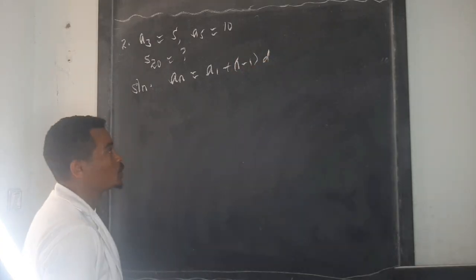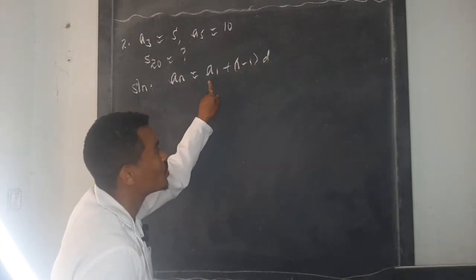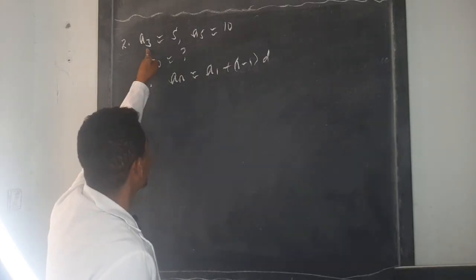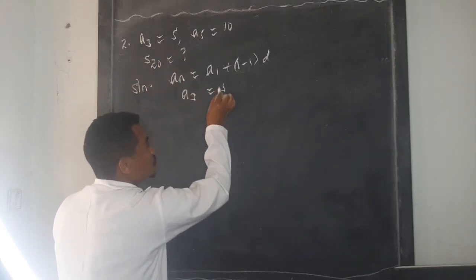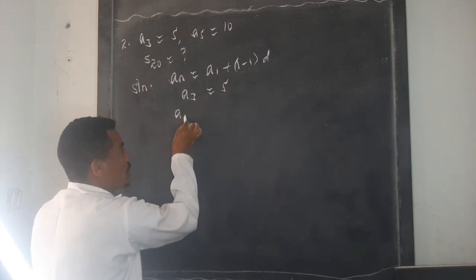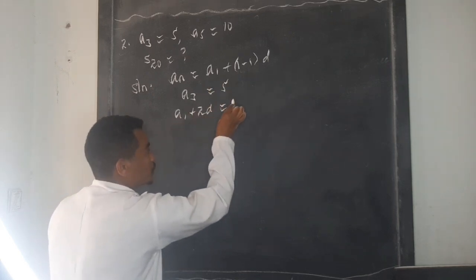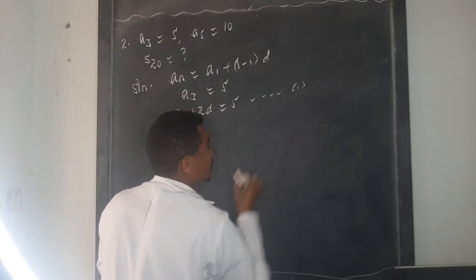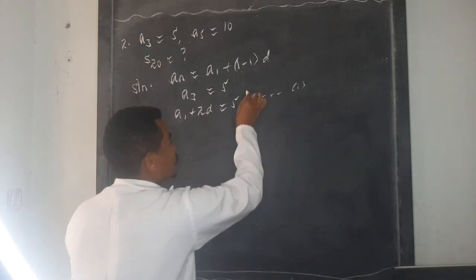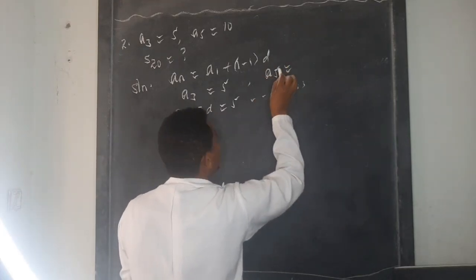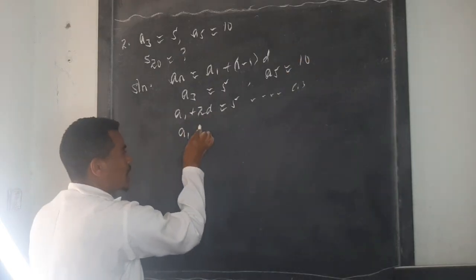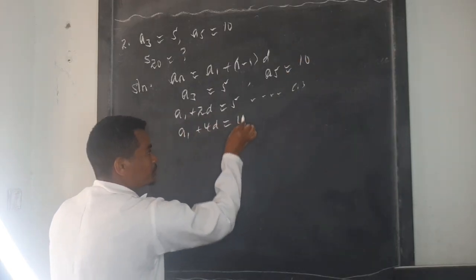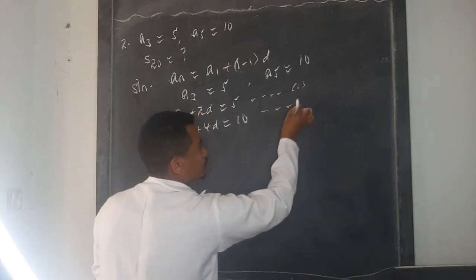So a3 is equal to 5, which means a1 plus 2d is equal to 5. That is the first equation. a5 is equal to 10, which means a1 plus 4d is equal to 10. That is the second equation.